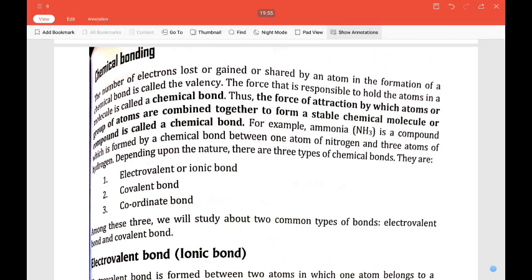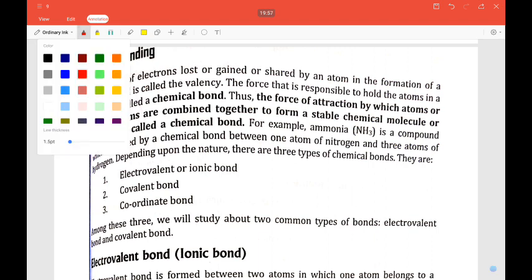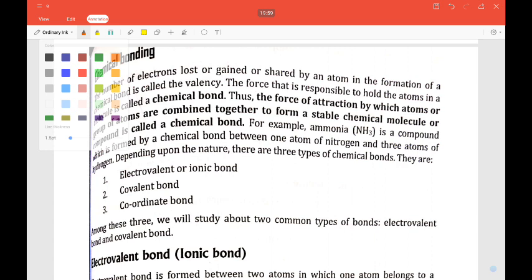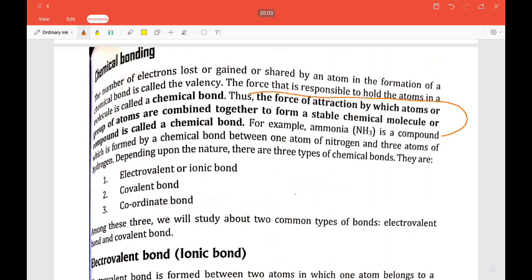Chemical bond. So dear students, it is the force of attraction by which atoms or groups of atoms are combined together in a molecule or compound, and it is called a chemical bond.